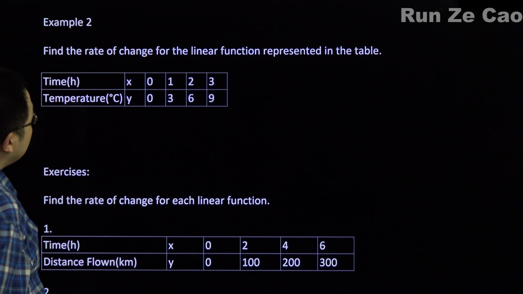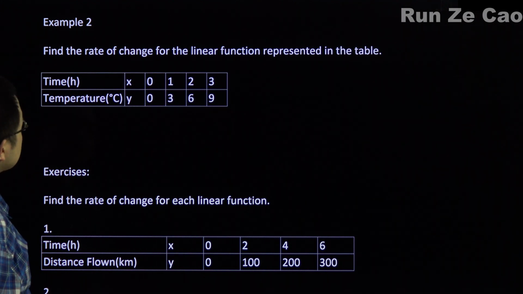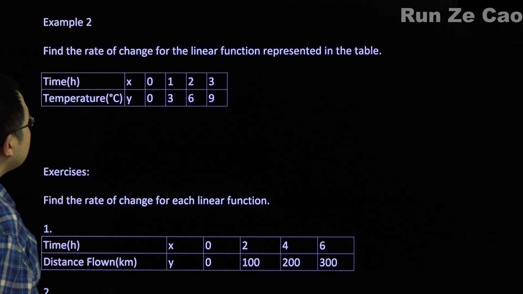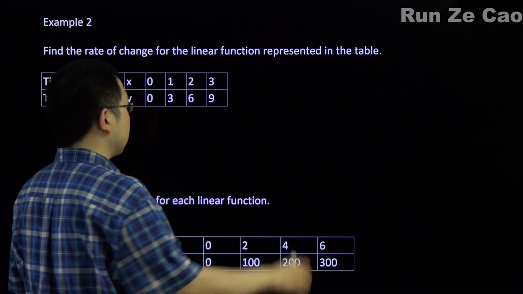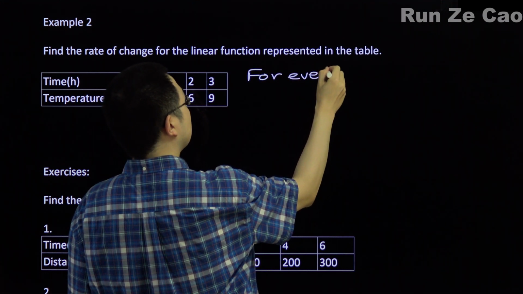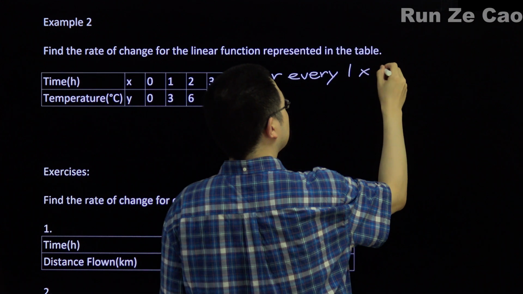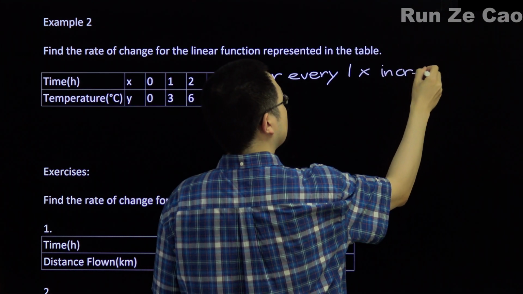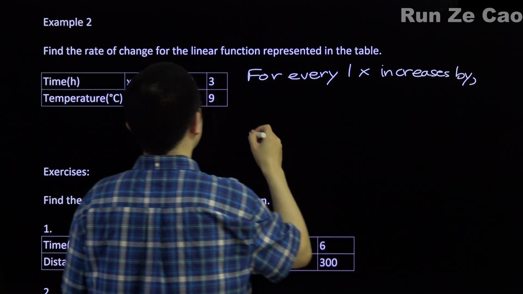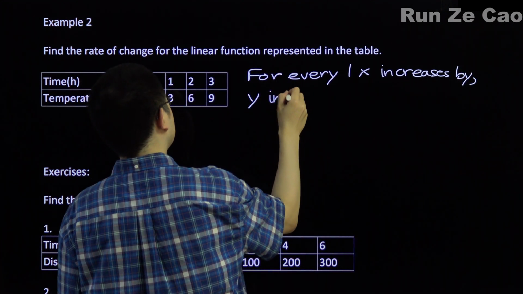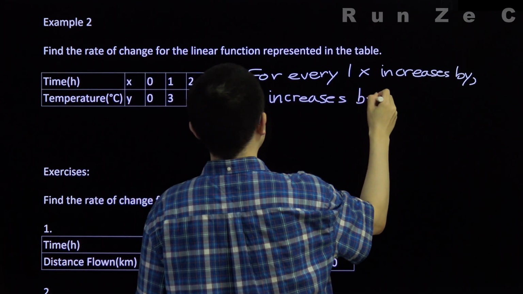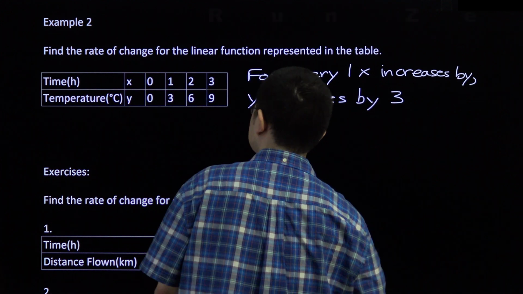So find the rate of change for the linear function represented in the table. You can see that for every 1 x increases, y increases by 3.